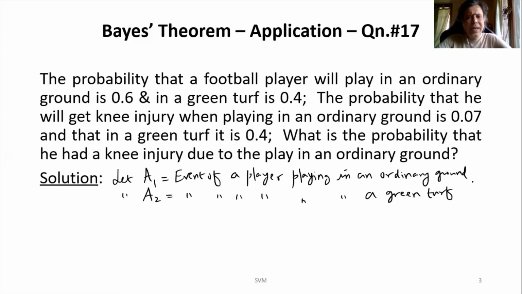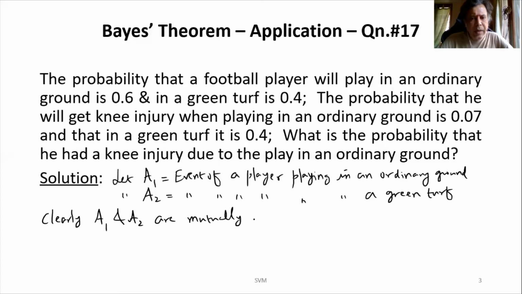So if a particular player plays in an ordinary ground, that prevents him from playing in a green turf, or if he plays in a green turf, it prevents him from playing in an ordinary ground. So I can say clearly A1 and A2 are mutually exclusive.